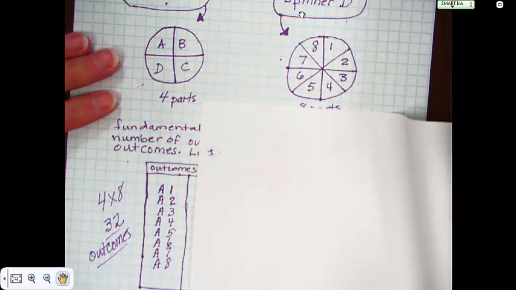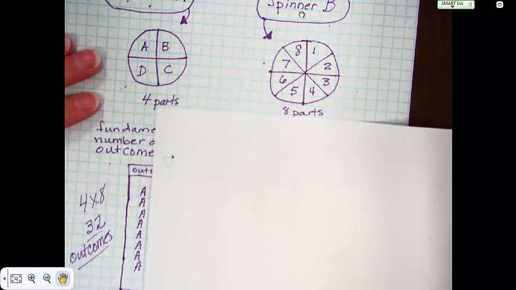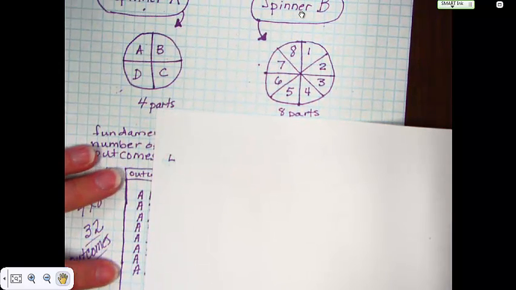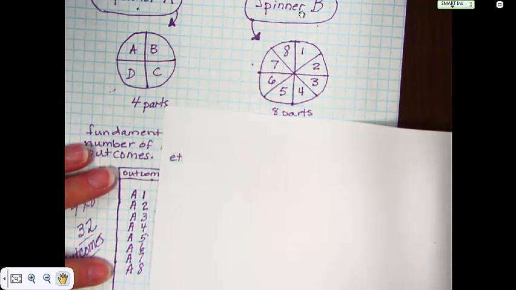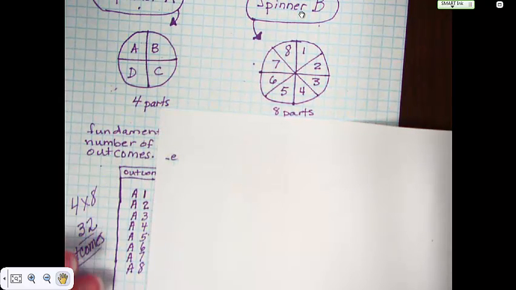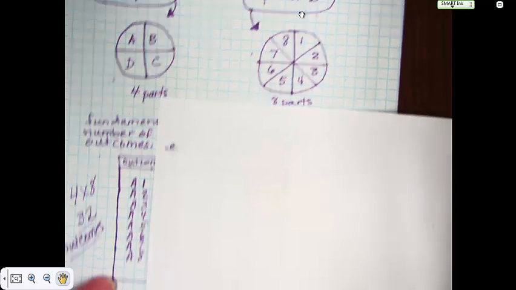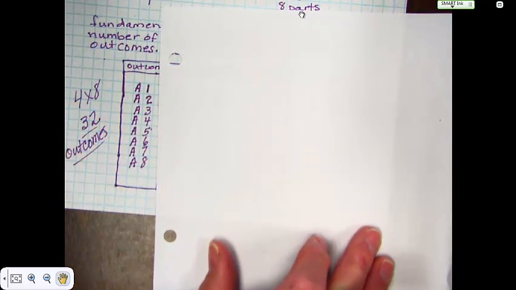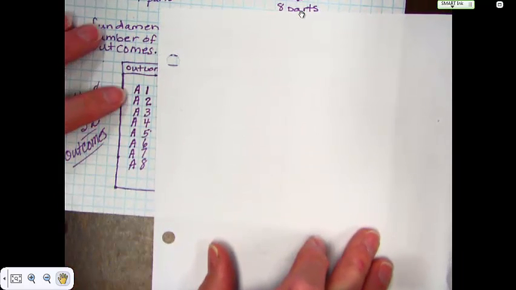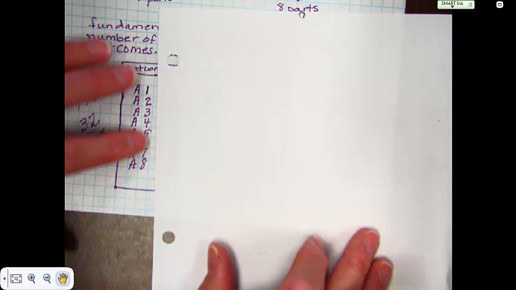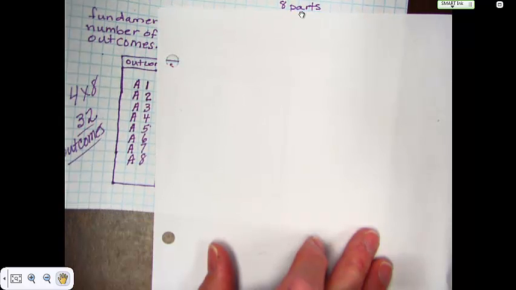Okay? Down here, we have A in the first spinner. A could spin first and get 1 through 8. I'm going to move this up so you can see it better. A first, 1, 2, 3, 4, 5, 6, 7, 8. And then, oh my goodness, B could be first. And then what would we have?